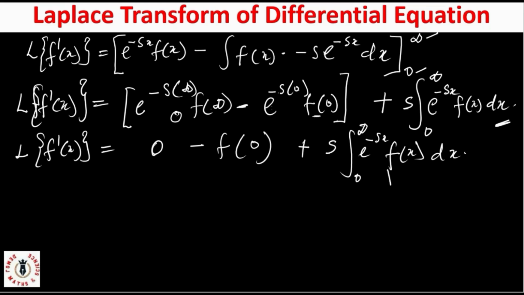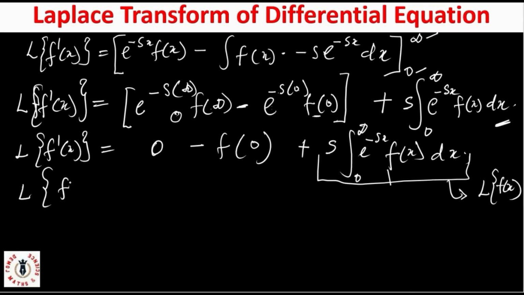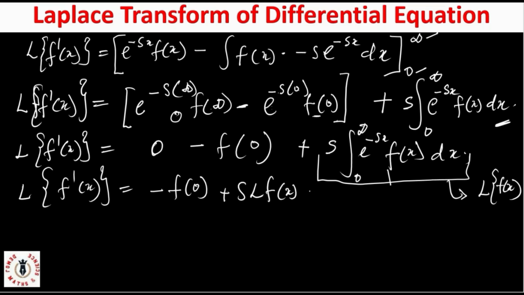The whole of this part of the equation is the same thing as writing the Laplace transform of f of x. So I'll just write this as L of f prime of x will be equal to minus f of 0 plus s L f of x.